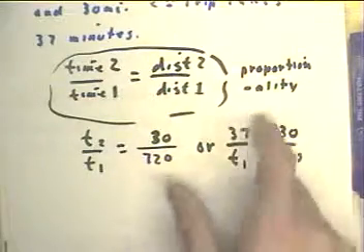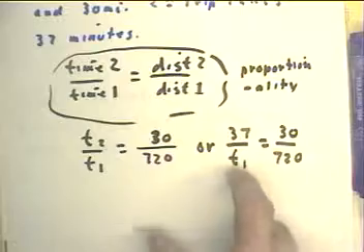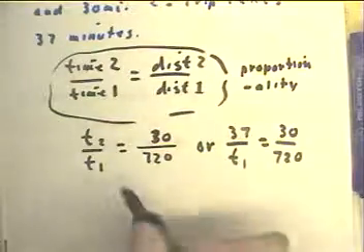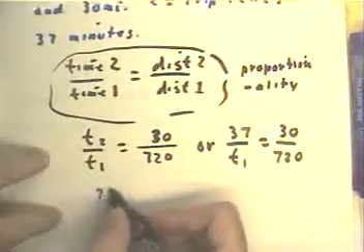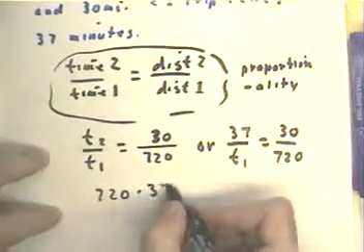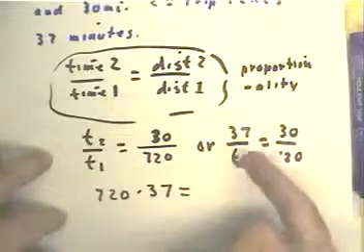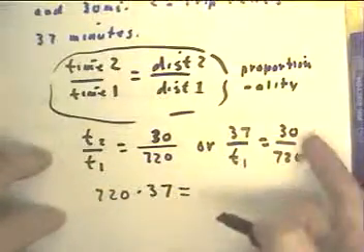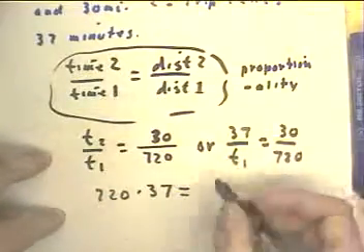When we multiply this side by 720T1, the T1 divides out, and we end up with 720 times 37. If we multiply this side by 720T1, the 720s divide out, and we end up with 30T1.